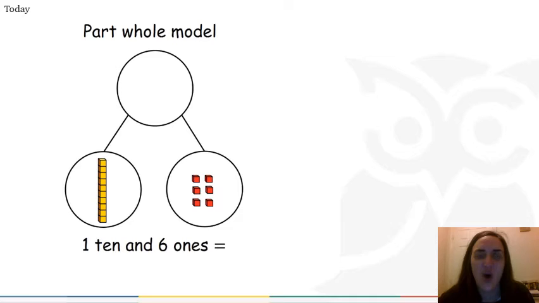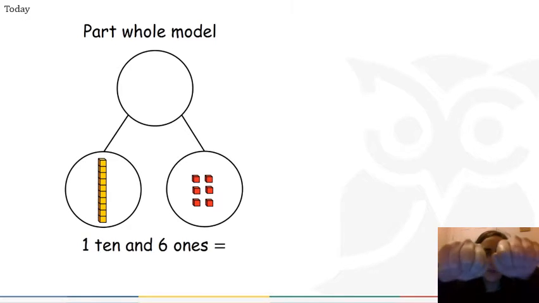This number has already been partitioned into tens and ones. How many tens can you see? 1 ten. How many ones can you see? 6 ones. So 1 ten is in one of our parts and 6 ones are in our other part.